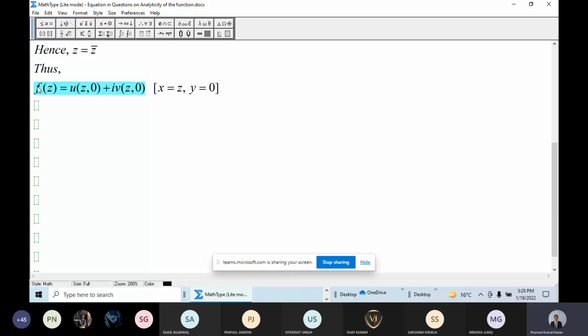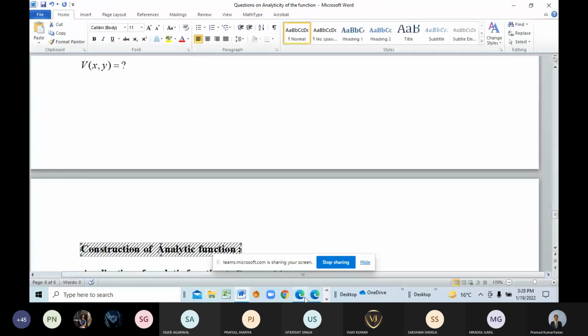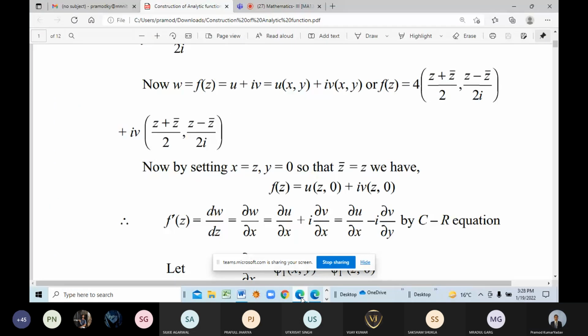Since u and v both are real, this will hold only when z and its conjugate z bar are both the same. If both are the same, then the situation will be u(z, 0) plus iota v(z, 0). Okay, so we have used it like this.